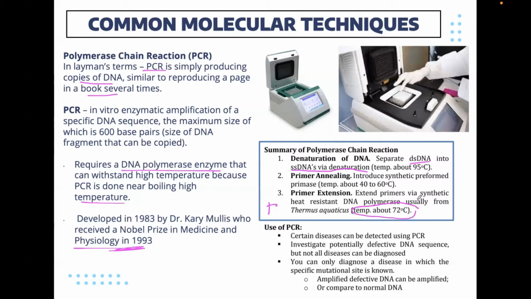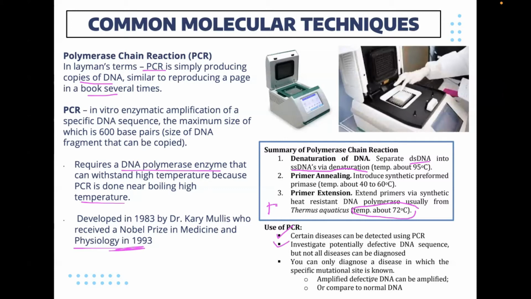And then ano ba ang mga uses ng ating polymerase chain reaction? We have certain diseases can be detected using your PCR, yes, and it is used to investigate potentially defective DNA sequence, but not all diseases can be diagnosed. And then you can only diagnose a disease in which the specific mutational site is known.